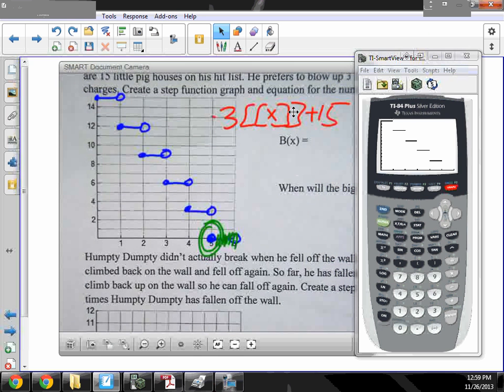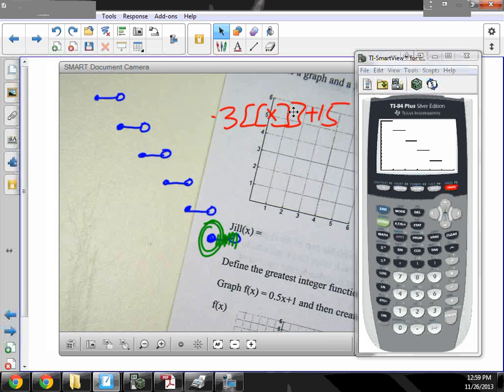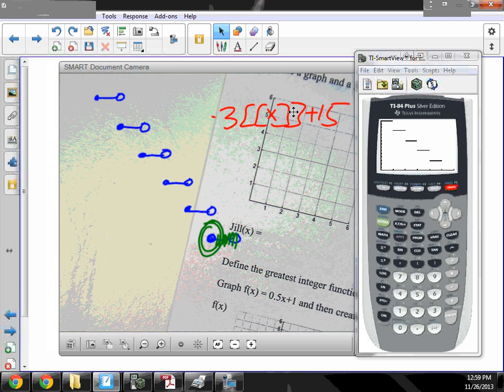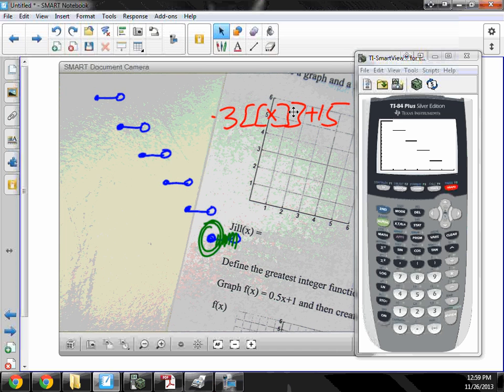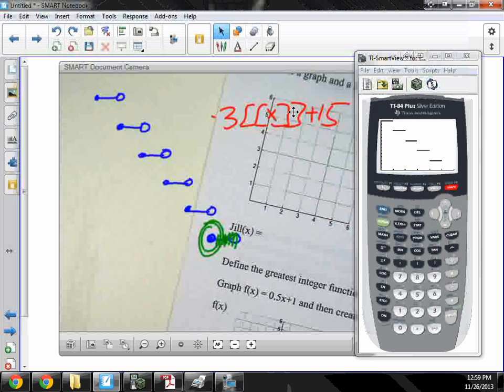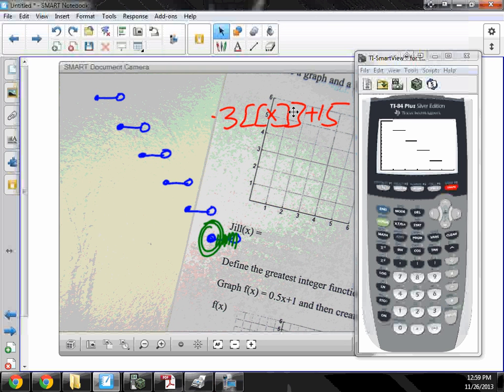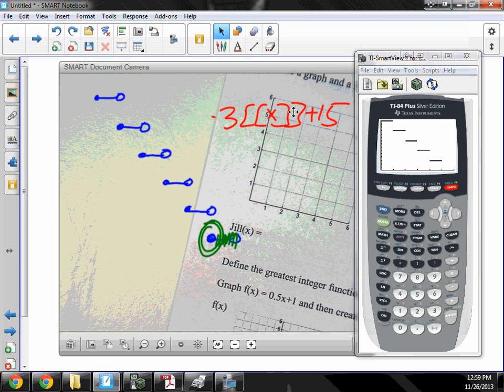Okay, next one. Humpty Dumpty didn't actually break when he fell off the wall. In an attempt to fulfill his part of the rhyme, he climbed back up on the wall and fell off again. So far, he's fallen off the wall 8 times. It takes him 4 minutes to climb back up on the wall so he can fall off again. So, this graph, where are we going to begin?